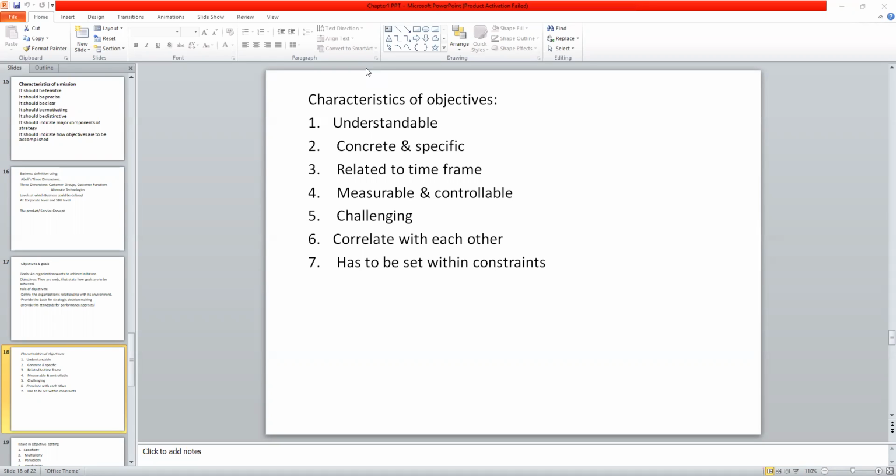As objectives play a very important role in strategic management, they are put to use in a variety of ways.